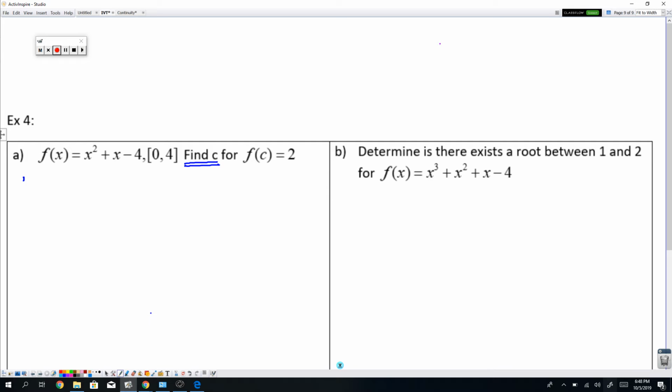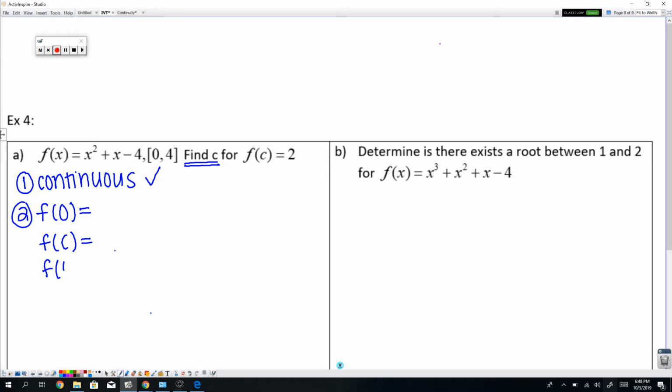So I'd start off with 1. It's continuous. Then 2, you're going to do f of 0, f of C, f of 4. They want you to find for where it's 2.